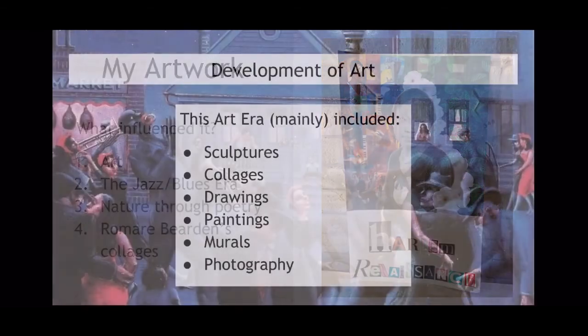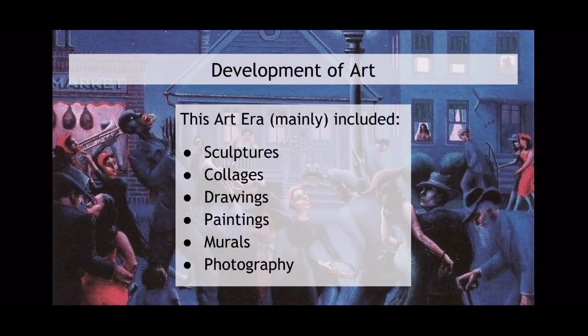As I mentioned before, there's many different styles that were used throughout the Harlem Renaissance art era. And so, the art included sculptures, collages, drawings, paintings, murals, photography, and many other things that I probably just can't think of right now.